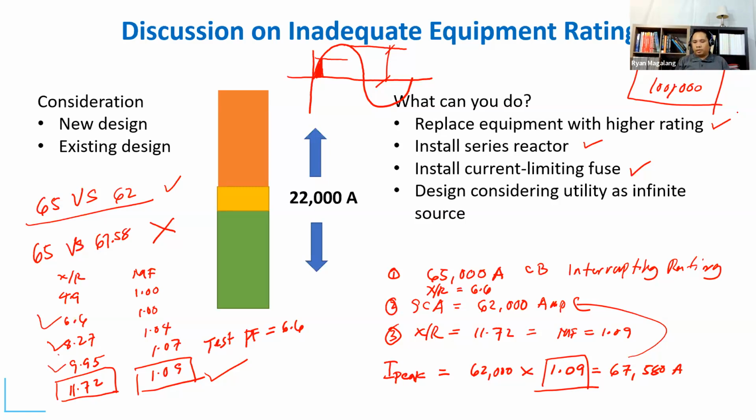Most of their devices are passing the analysis, but there are 21 devices that failed. Some of them are 14 kA, while the available fault current at the bus where they're installed is 35.